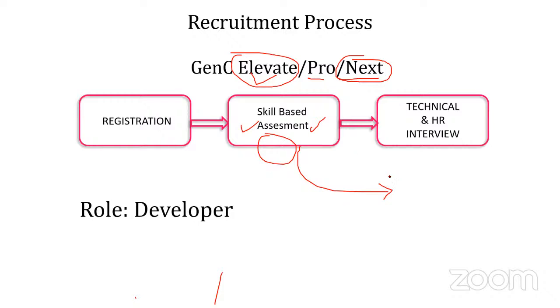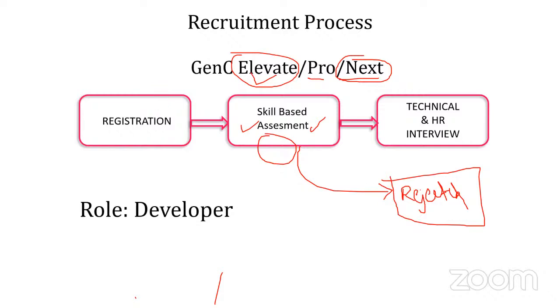But if you are rejected from the final interview, then you are not allowed to appear for Cognizant again. So you have to remember this very important thing: if you get selected for GenC Next or GenC Elevate, you have to give your best in your final interview.